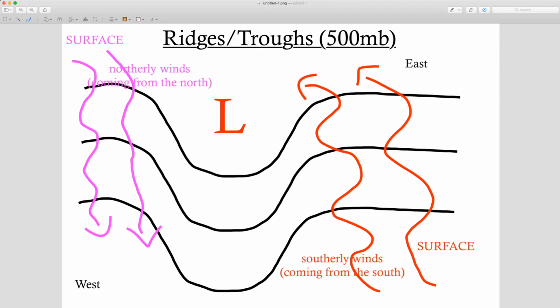In this map, you would follow the kinks in the map. I'm going to do my trough in brown, and my trough would be right in the middle here. Like that, and it'd be like this. Then you would write trough.